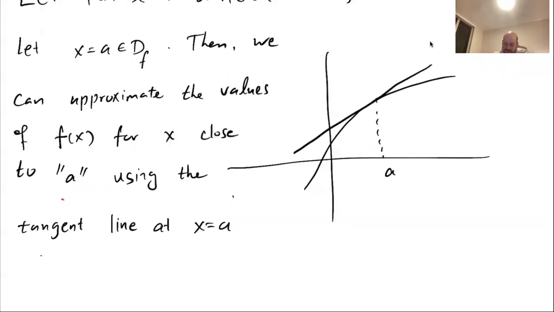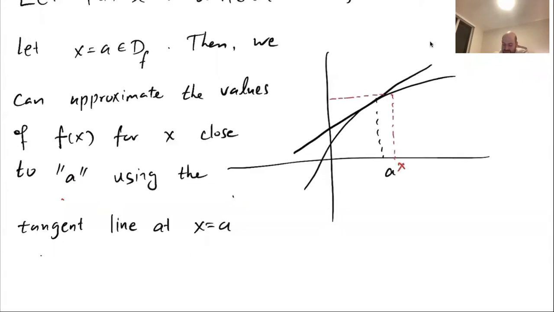As you can see from the graph, the values of f of x and the tangent line are close to each other if x is close to a. So look at this x value close to a.